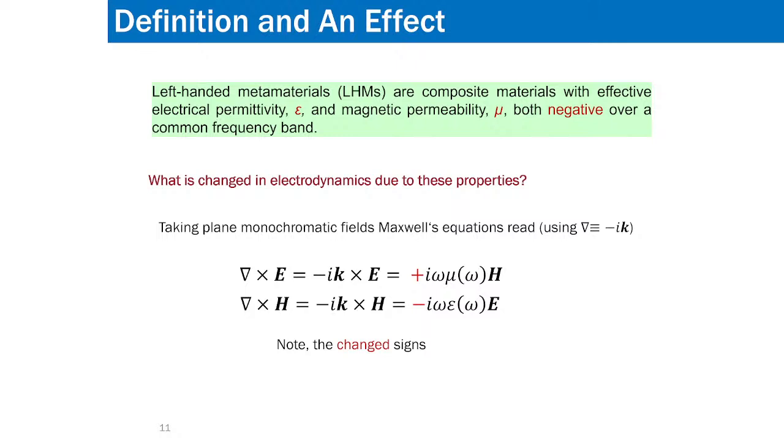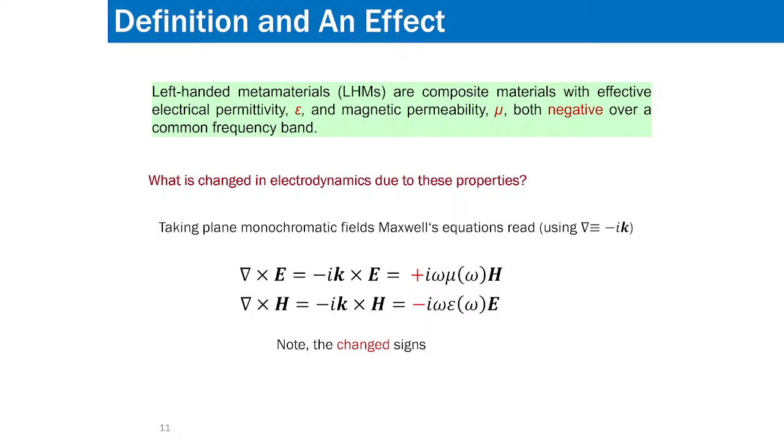So curl of E is equal to plus j omega mu H. Similarly, curl of H will be minus jk cross H, which will be equal to j omega epsilon E, but epsilon is negative, so we have a negative sign.